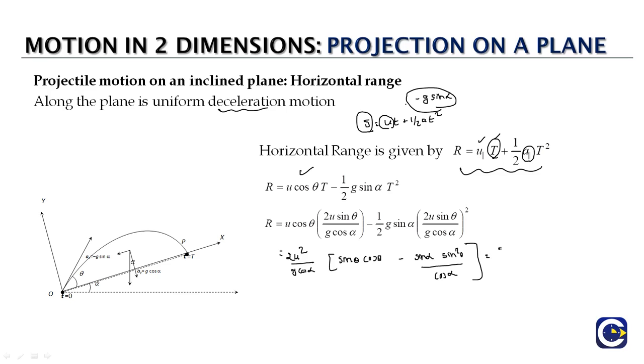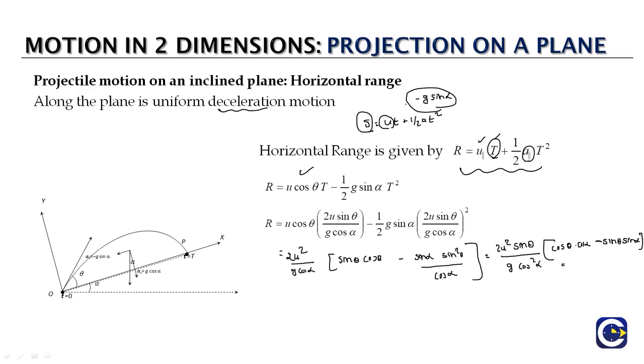So what we'll have is 2u square sin theta by g into cos square alpha. We'll take an LCM of this. So what we'll have inside the bracket is cos theta into cos alpha minus sin theta into sin alpha.